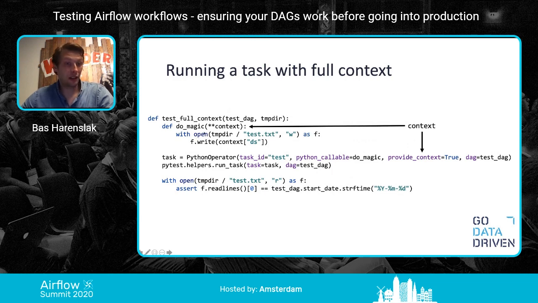So in this test, I open a file to a magic location defined by tempdir. I write context ds, so that would be the string year, month, day. I run the task, and then at the end of my test, I open this file and assert that whatever is contained inside this file indeed is the starting date of my task.